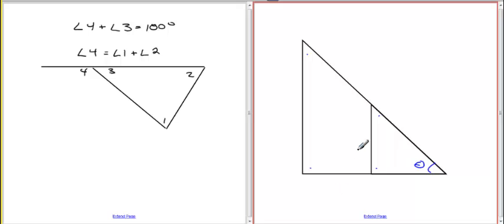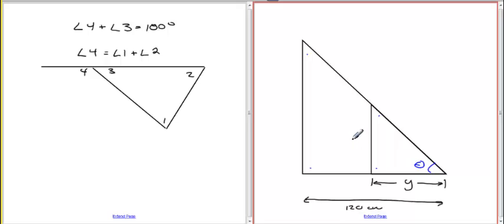So let's say I give you this. Let's say this length along here is y, and this whole distance here is 120 centimeters.